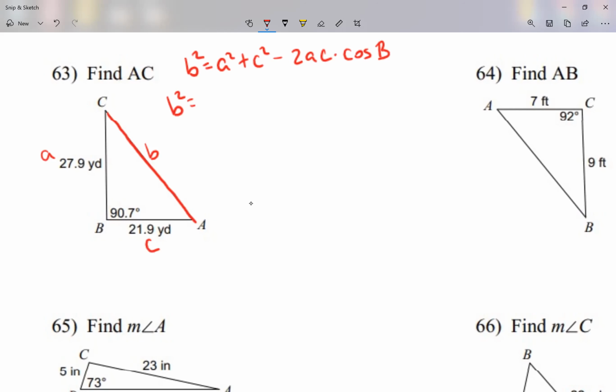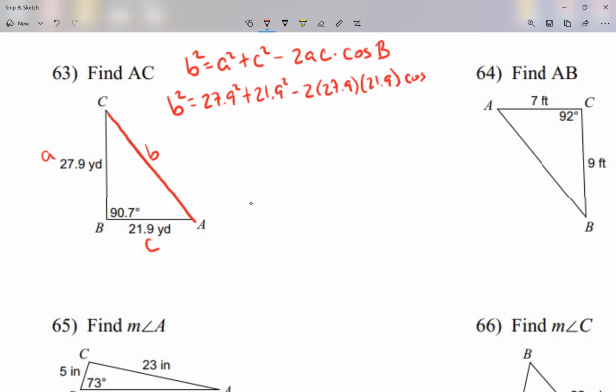Side A is opposite from angle A. Side C is opposite from angle C. So this is 27.9 squared plus 21.9 squared minus 2 times 27.9 times 21.9 times cosine of 90.7.